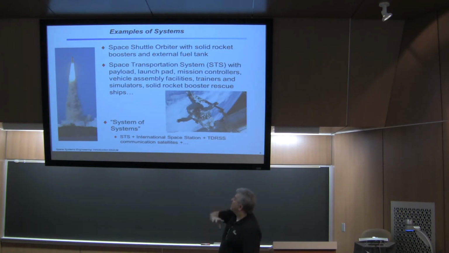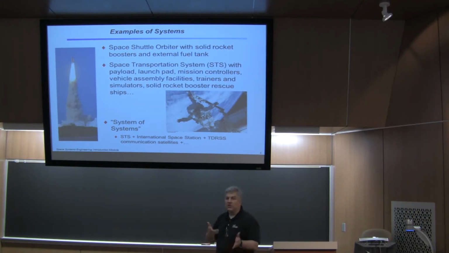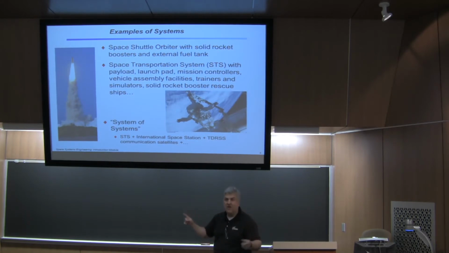And then if you think about all of the space transportation, so the payload that goes inside the launch pad, there's mission controllers sitting somewhere in some room, making sure that things go correctly, both at Kennedy Space Center and at Houston. So now you're introducing people in this system.